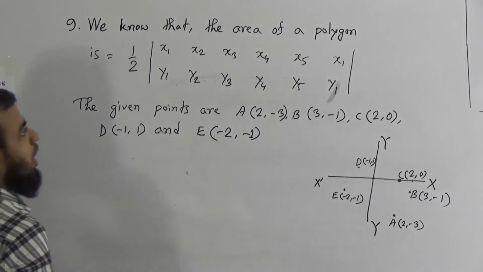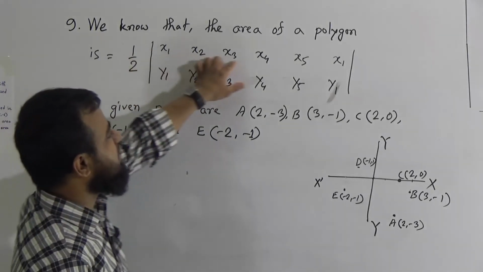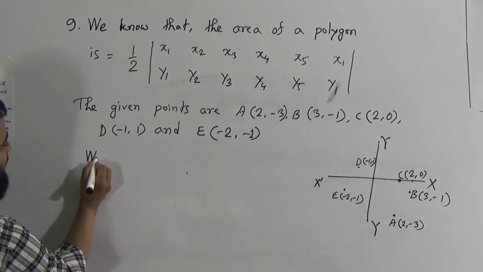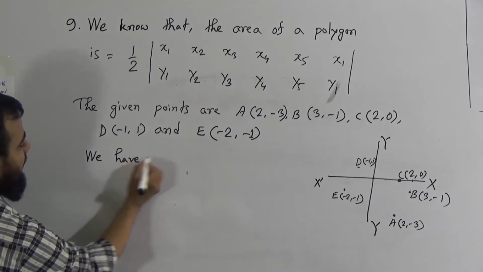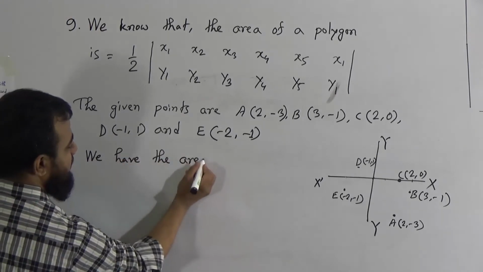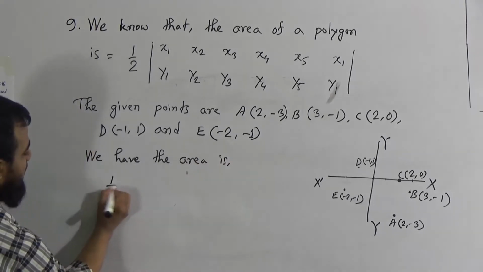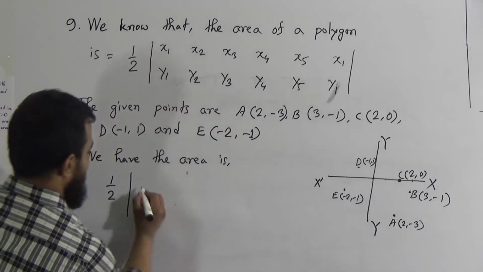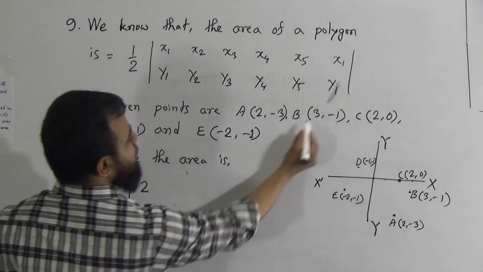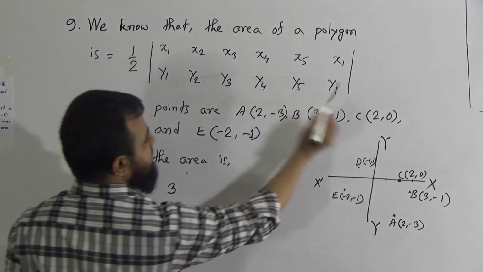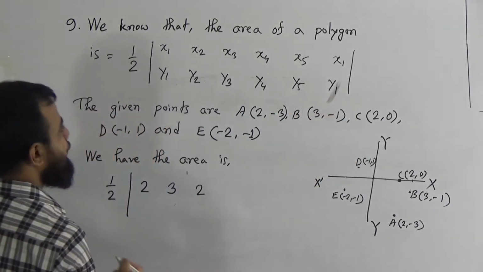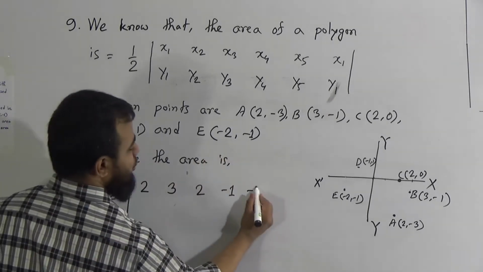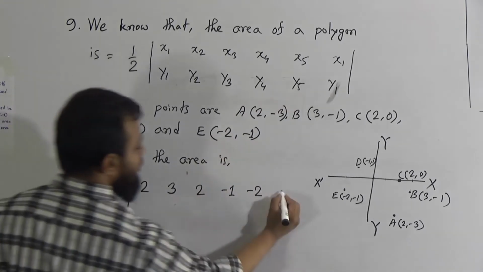Now the values of x1, x2, x3, x4 and x5 need to be put here. So write down, we have the area. The area is half of x1, that means x1 is 2 here, then x2 is 3, then x3 is 2, x4 is -1, x5 is -2, and again x1 means 2.